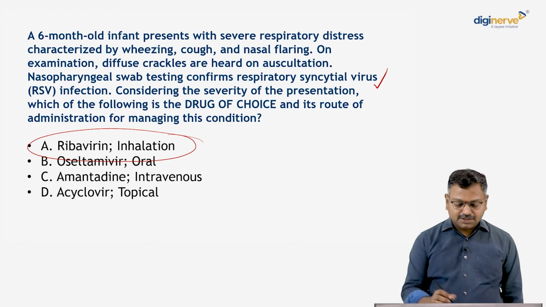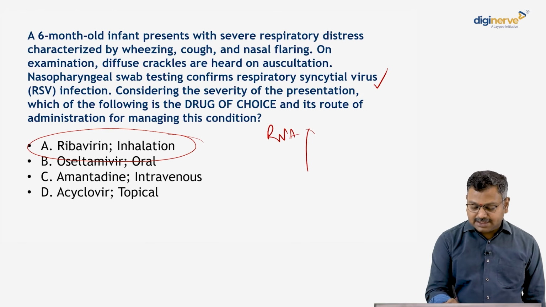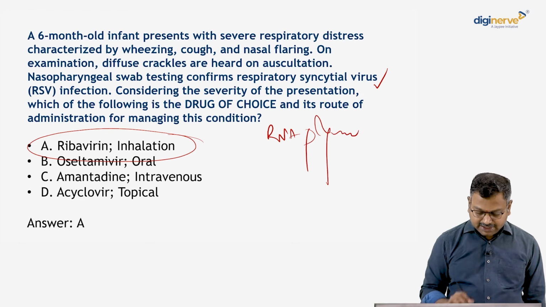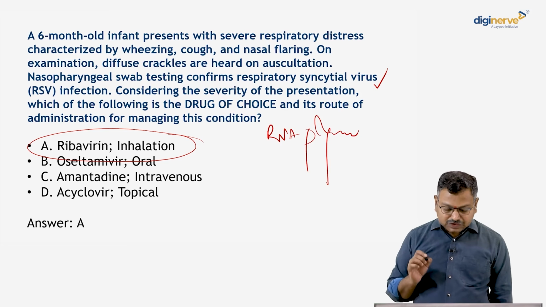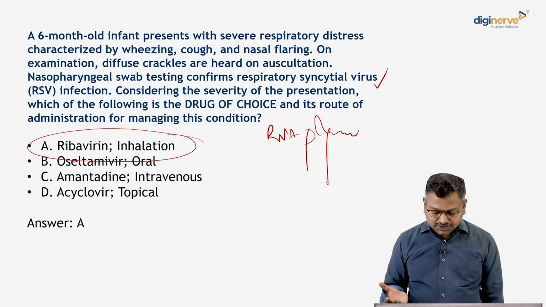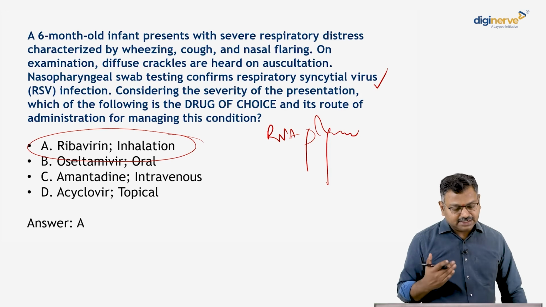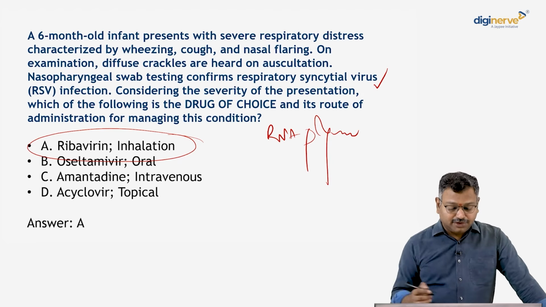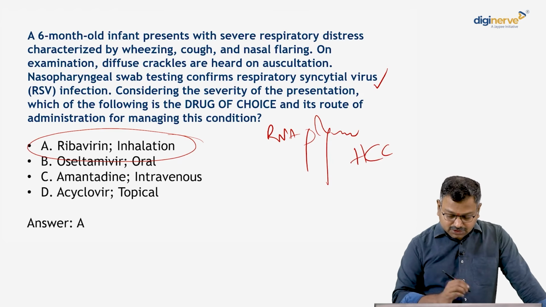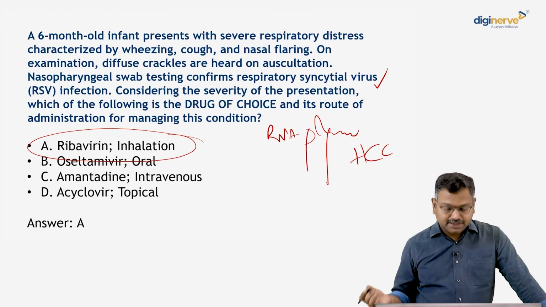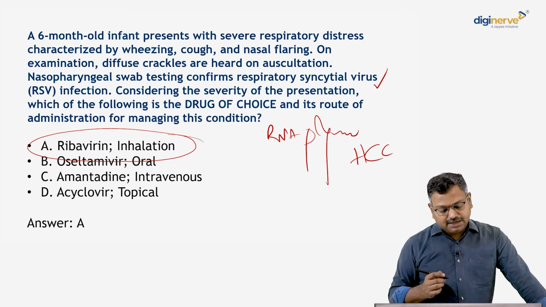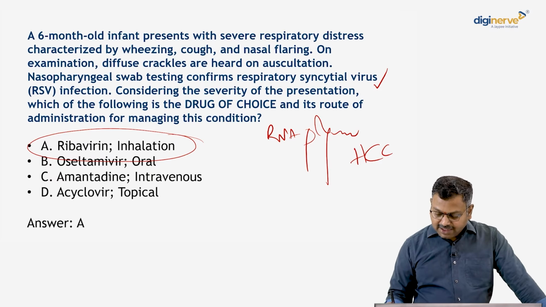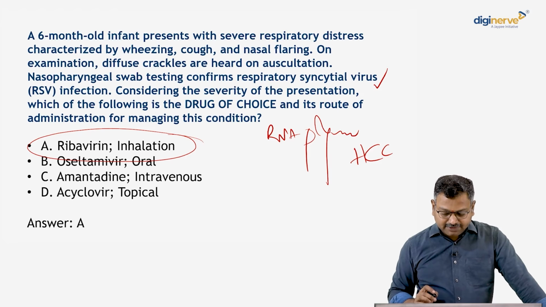Now, ribavirin blocks the RNA polymerase. So, RNA polymerase is blocked by that. It is given by various routes. It can be used by the intravenous route, especially for severe influenza. It can be used for hepatitis C also. But in case of respiratory syncytial virus, we give the inhaled route.